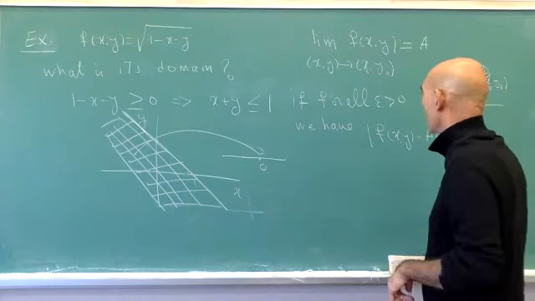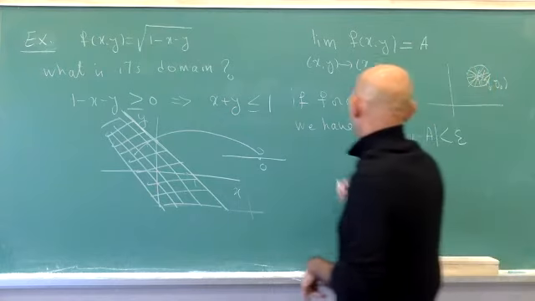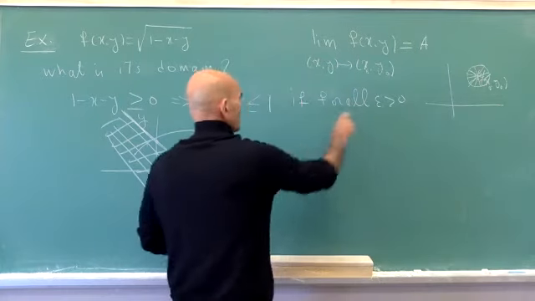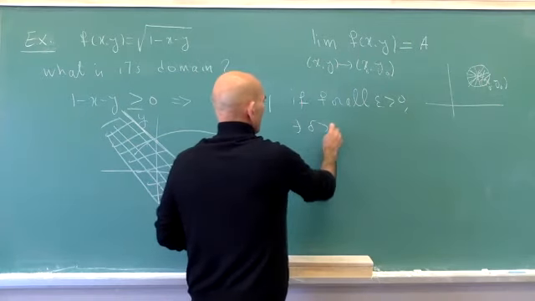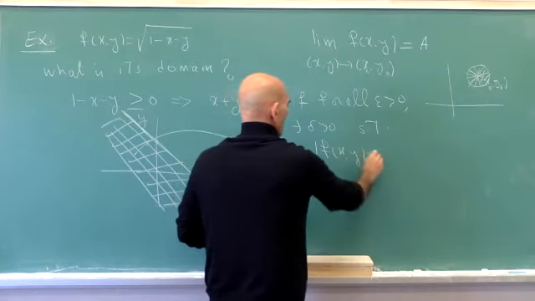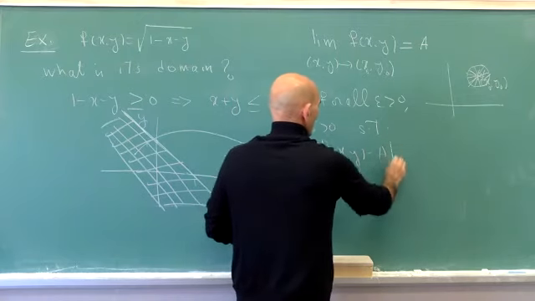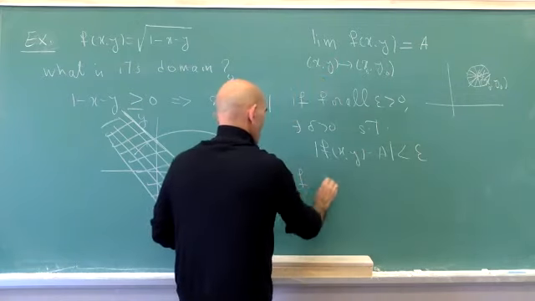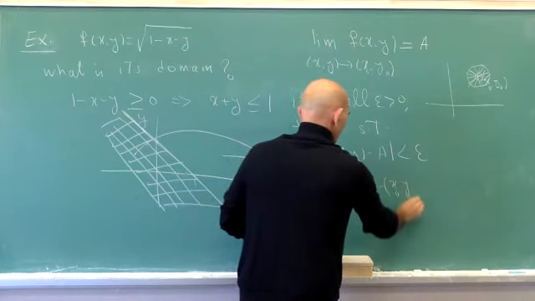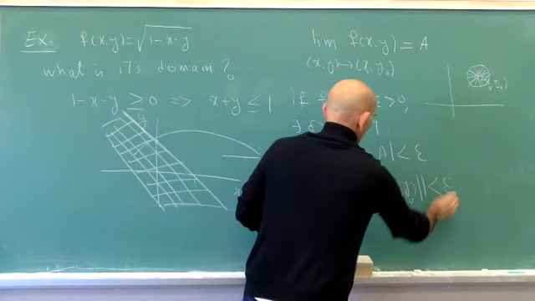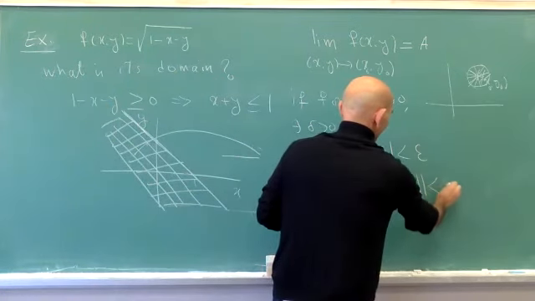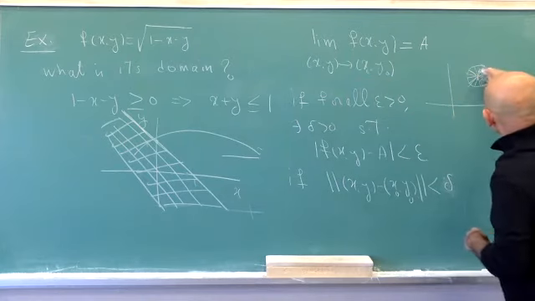So for all epsilon positive, there exists delta positive such that the absolute value of f of (x, y) minus A is less than epsilon if the norm of the vector (x, y) minus (x0, y0) is less than delta. Sorry. So this is radius delta.